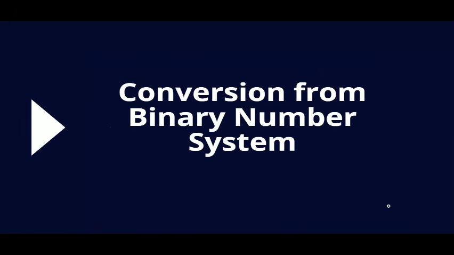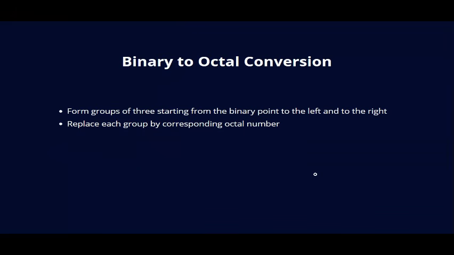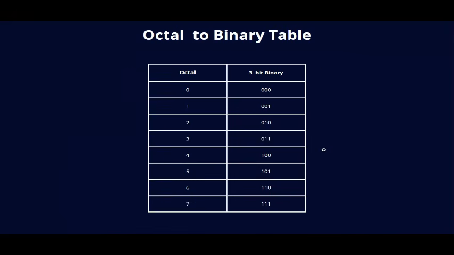Now let's try to convert the binary numbers to other forms. First, consider the binary to octal conversions. For this, form groups of 3 starting from the binary point to the left and to the right.